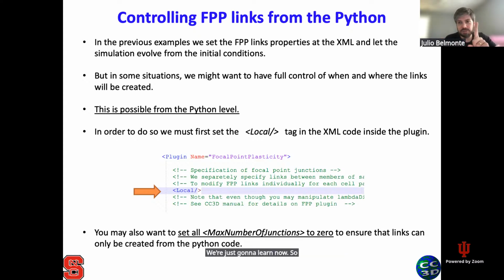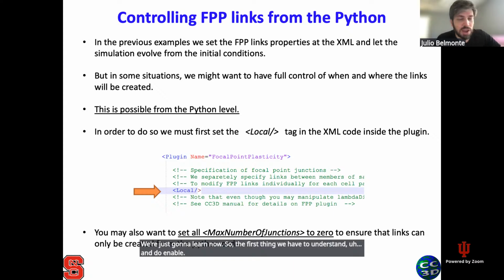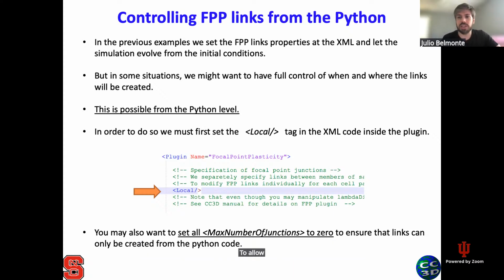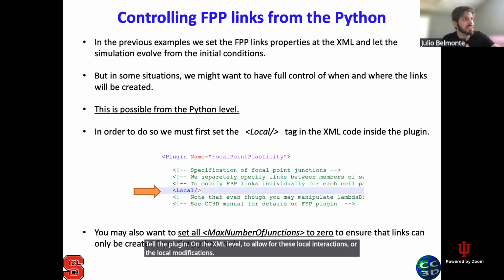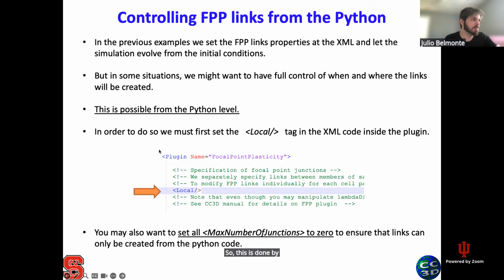The first thing we have to do to allow link manipulation at the Python level is to tell the plugin at the XML level to allow these local interactions, or local modifications. This is done by going to the Focal Point Plasticity plugin in the XML.